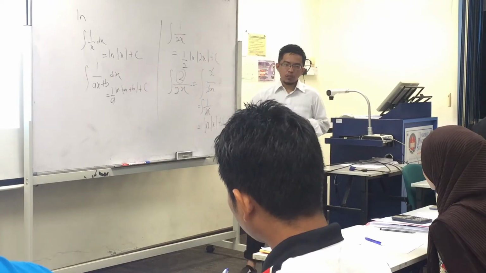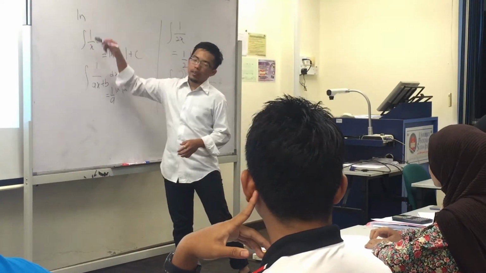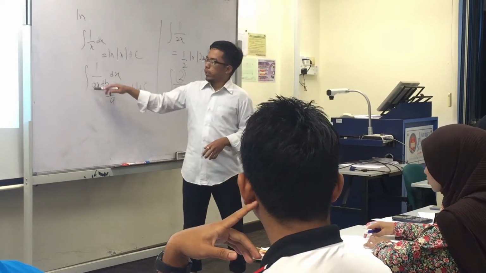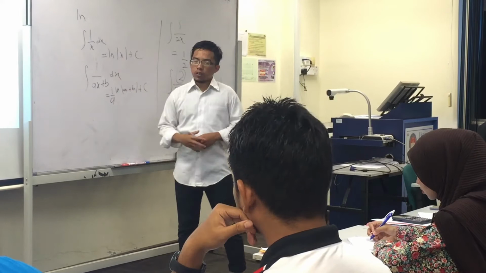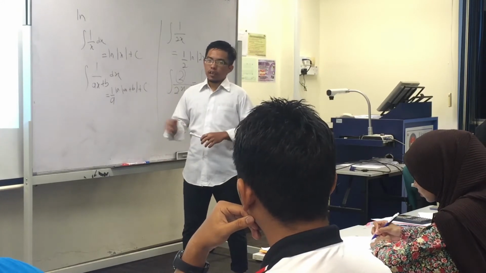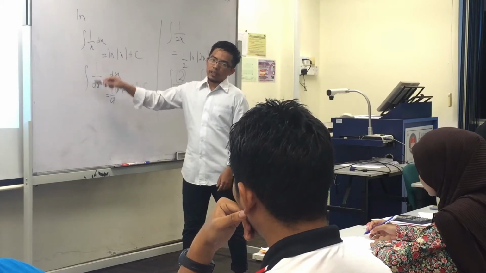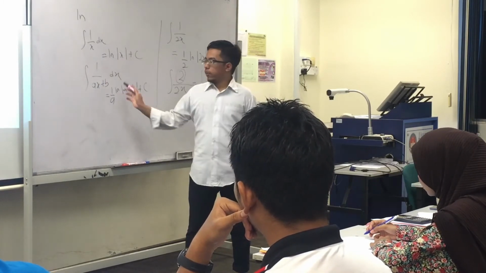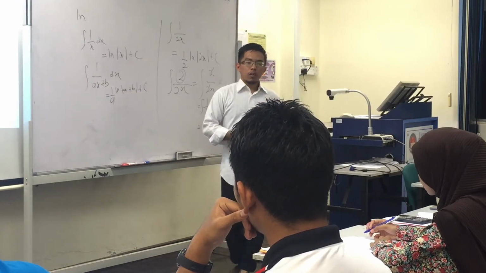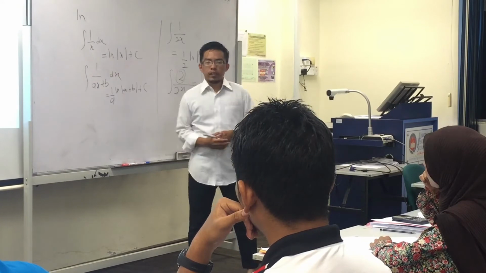So what I want you to take note of is the formula 1 over x, 1 over ax plus b. If you have 2 over 2x plus something, you have to ensure that the numerator is 1 when you want to use this type of rule.